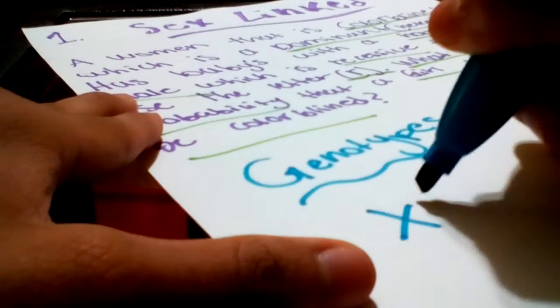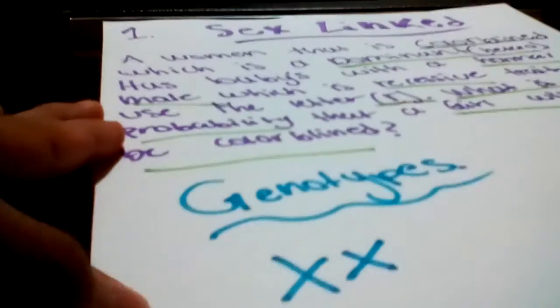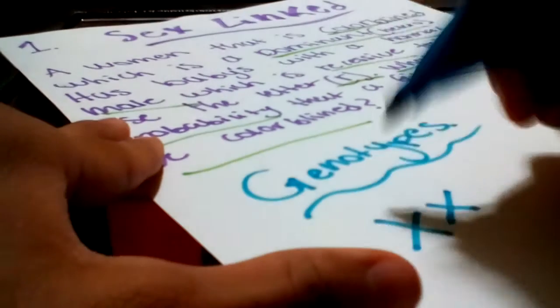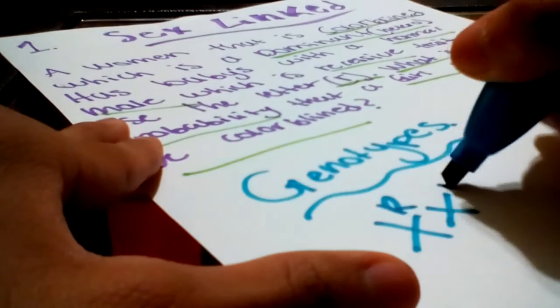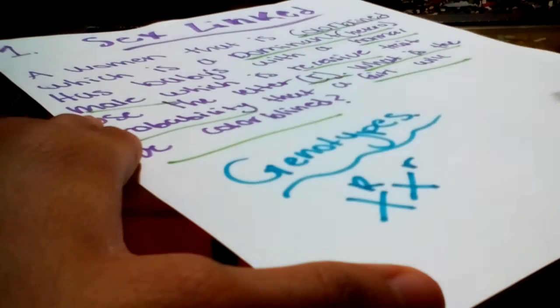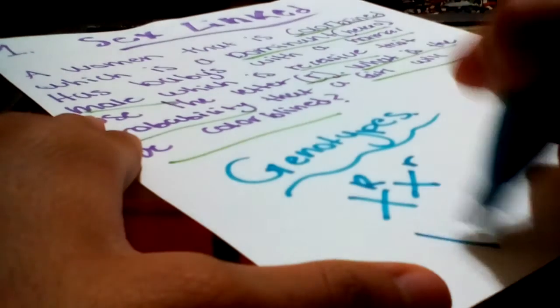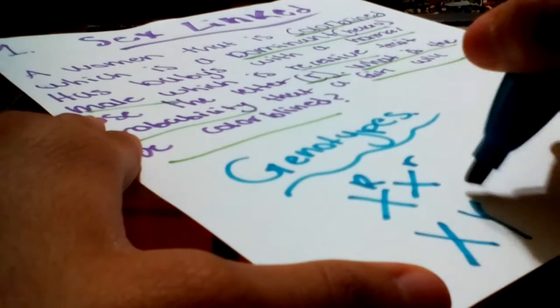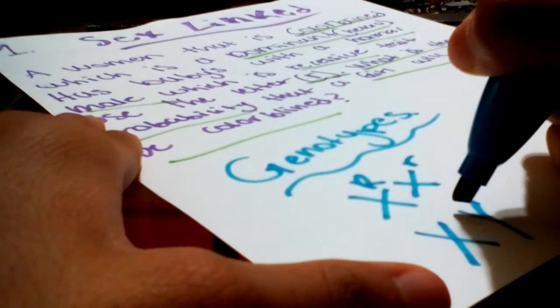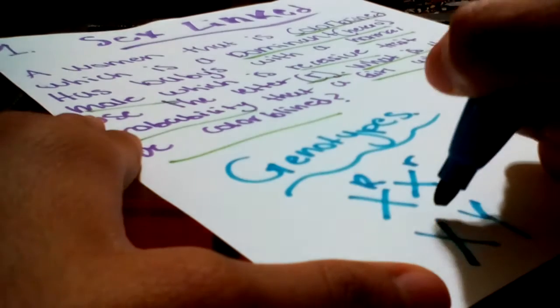A woman is XX, that is always a woman, and which is dominant, in this case R, and it's a heterozygous dominant allele. A normal male, which is a recessive trait, will be XY. And remember, we do not put an exponent on the Y because it's only on the X chromosome. So which would be a recessive trait.